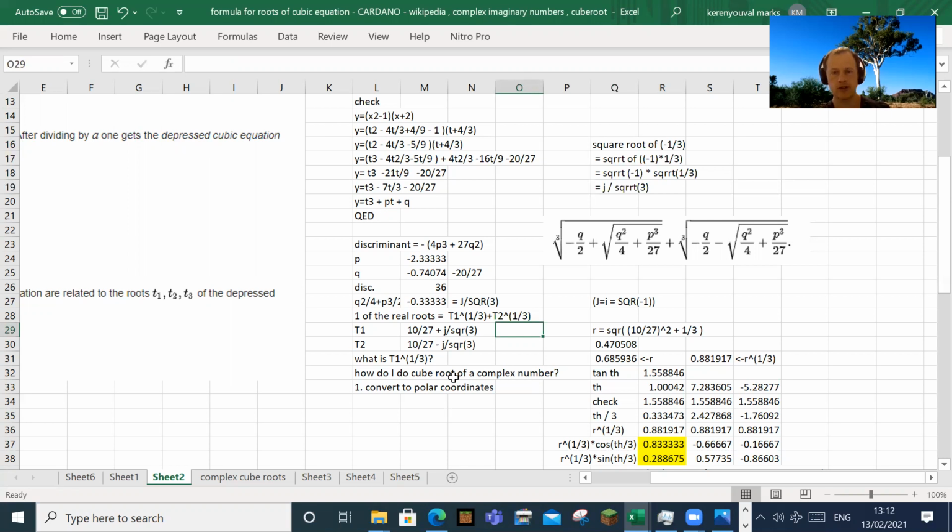Okay then, so the way to do it is you convert it to polar coordinates.